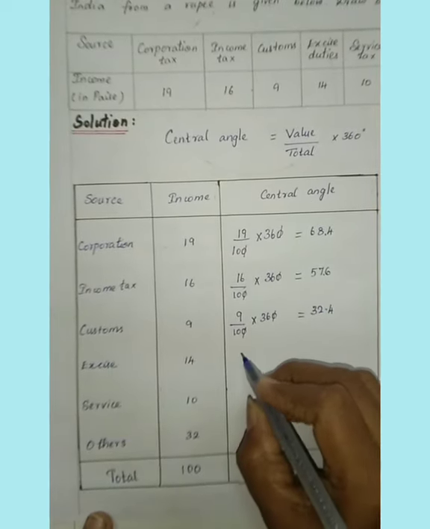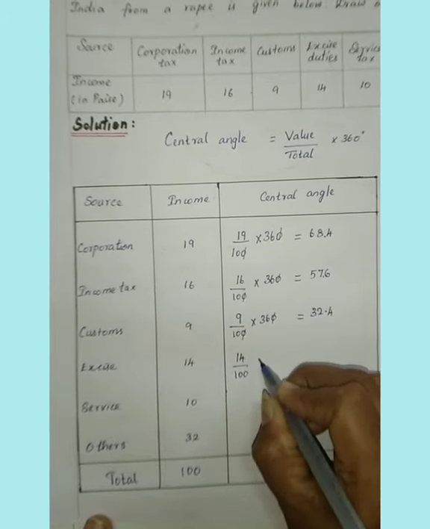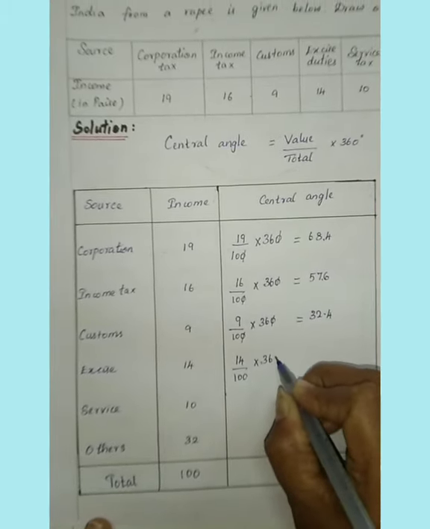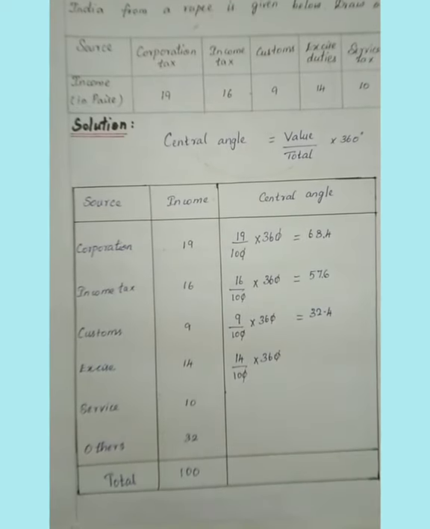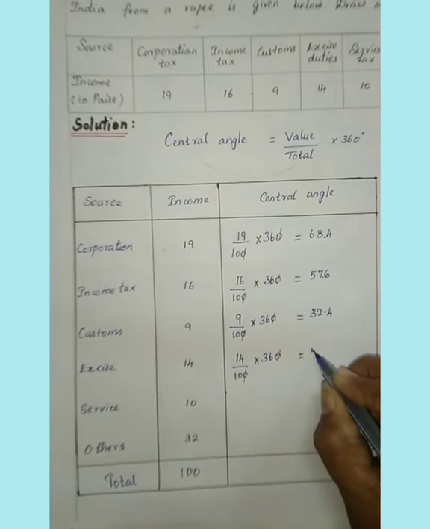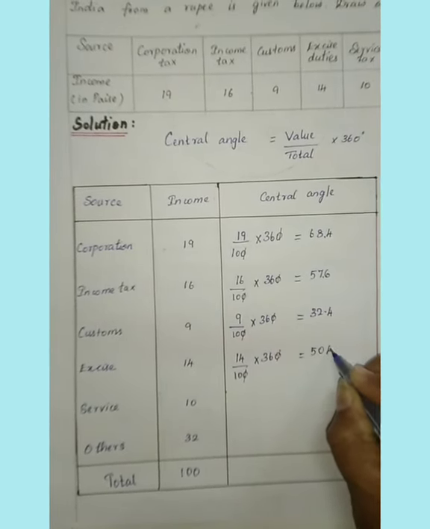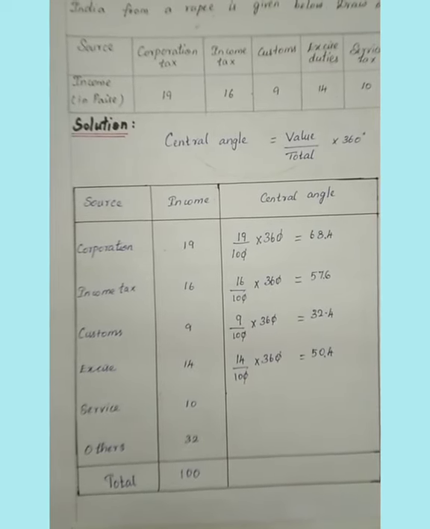Then excise duties, that is 14 by 100 into 360. Then cancel 0. 14 into 36 is 504. So from the last, leave one digit and place the decimal point.